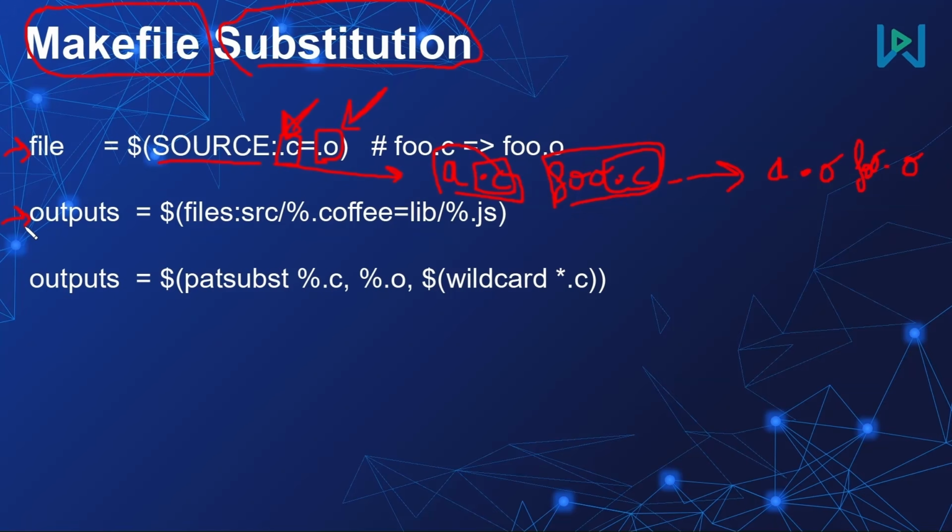In the second use case, we're gonna try to substitute the suffix and the path, as you can see. So make is gonna expand the content of this Makefile variable files, and this one can contain a list of files.